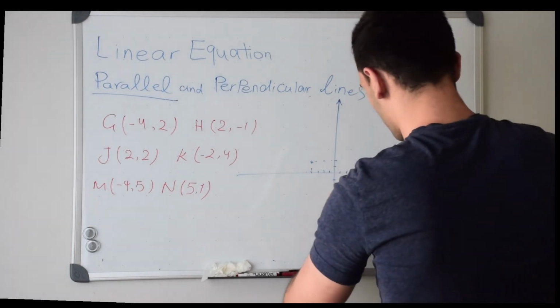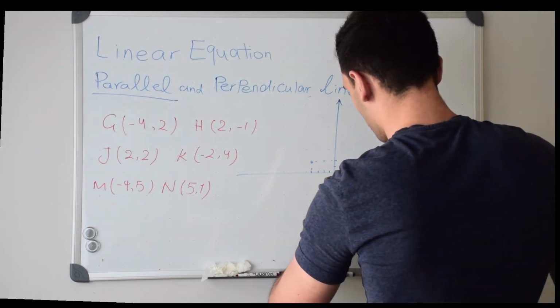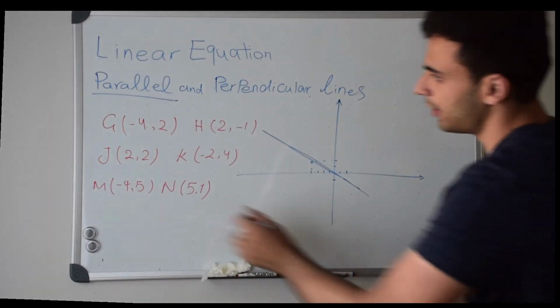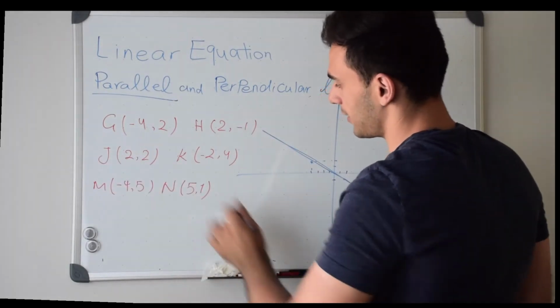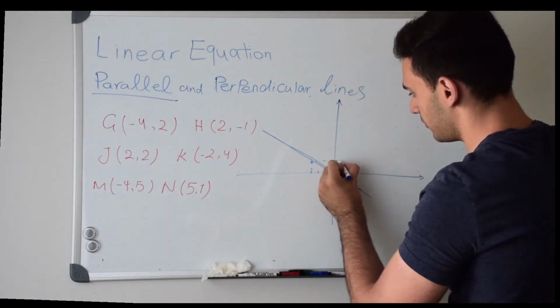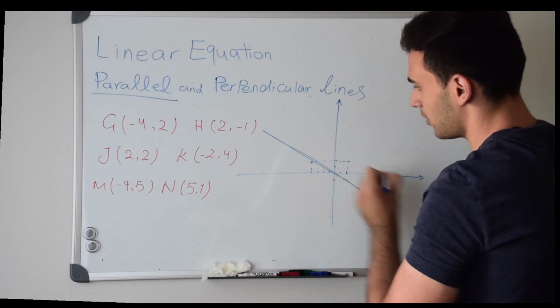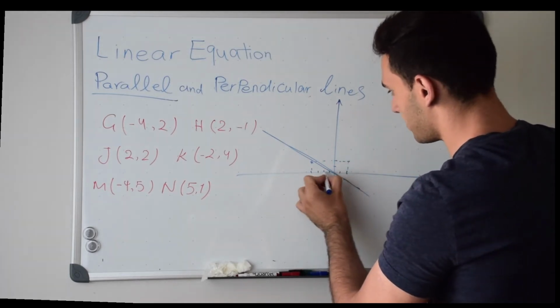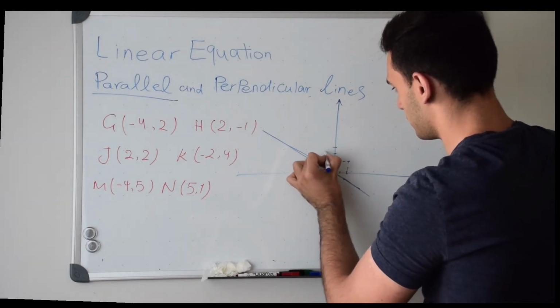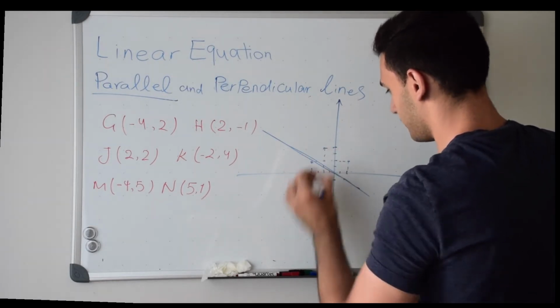So our first line is this line. And the other line is J (2, 2) and K (-2, 4). So (2, 2) and (-2, 4). That's the other line.